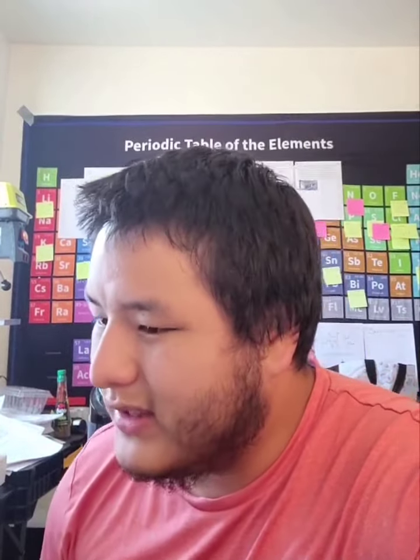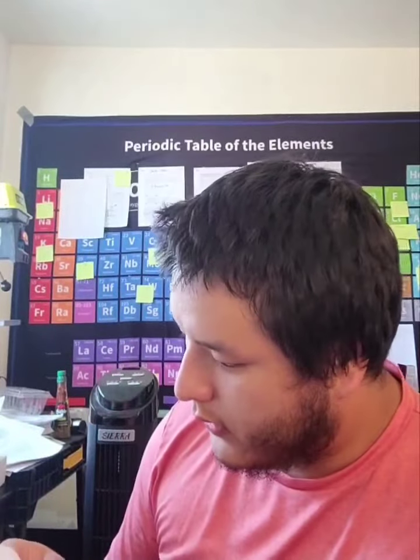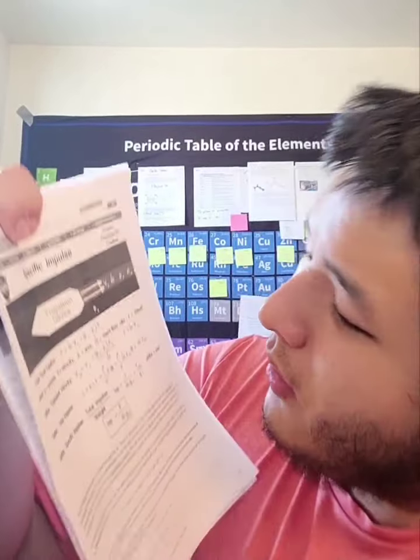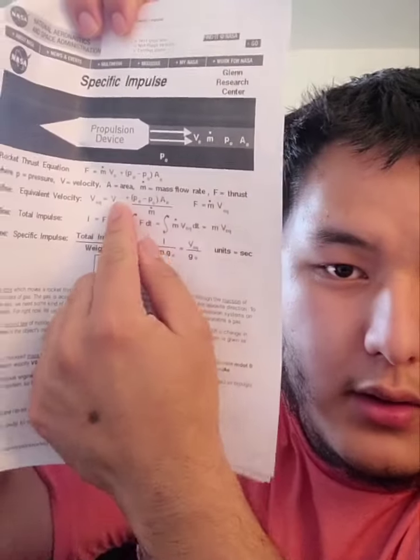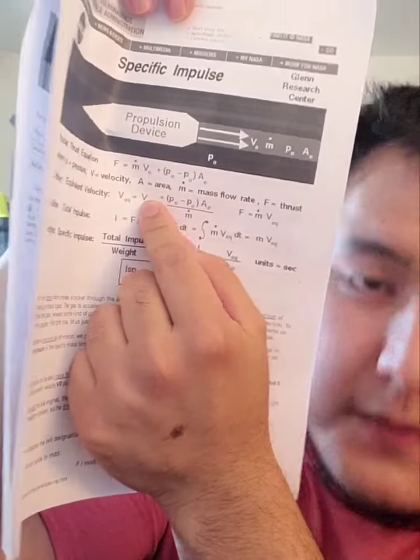So the answer is this: if you look again at the ISP formula, one of the factors is exhaust velocity. That makes sense: the exhaust velocity of the gases, multiplied by the amount of gases you're throwing out the back, gives you thrust.